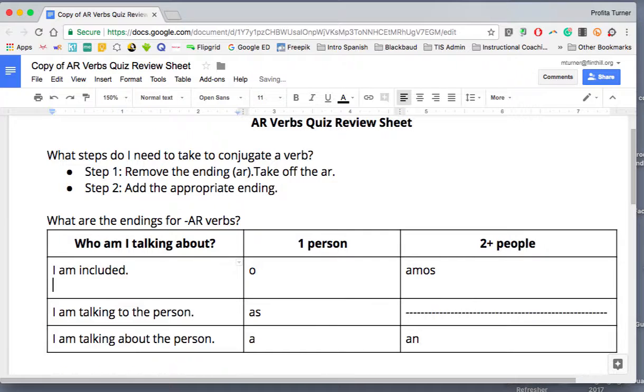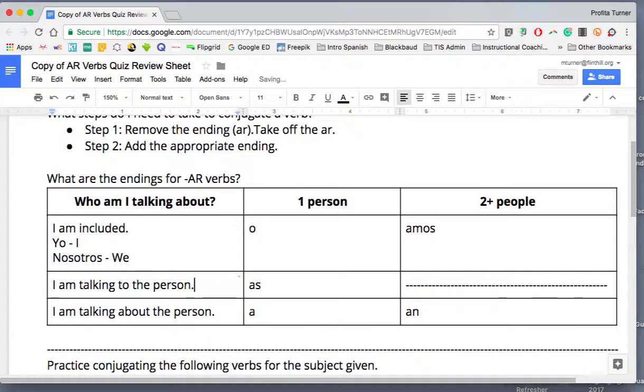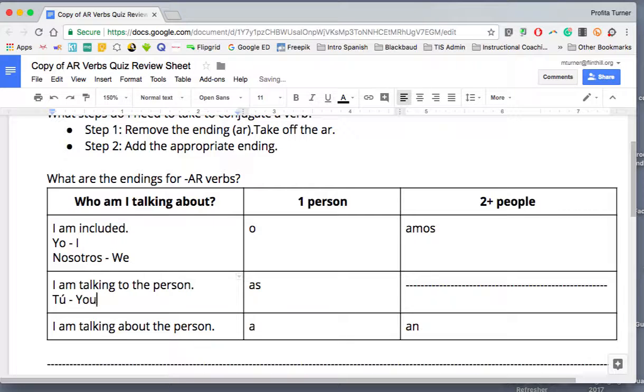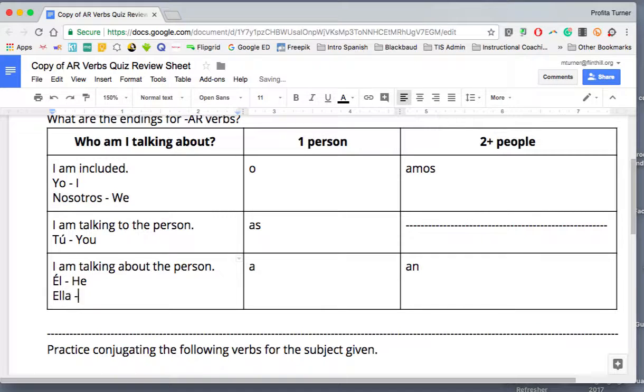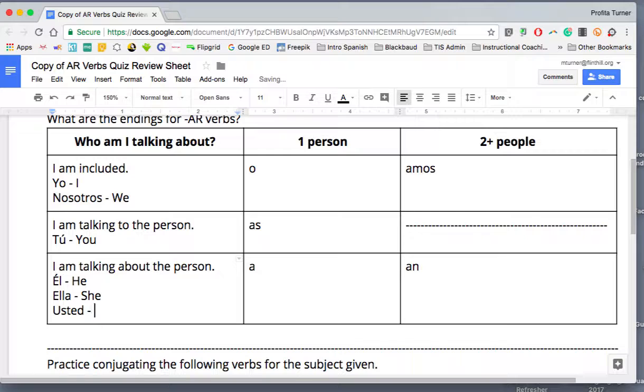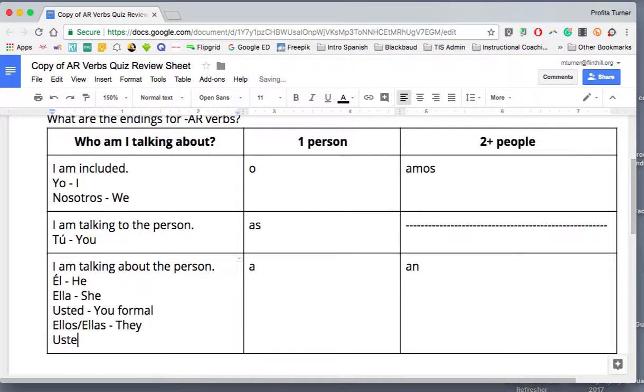So I'm just going to put down here, yo is I, nosotros, so we. You don't have to write this part in, but I'm just going a little bit further. He, ella, she, usted, you formal, ellos, or ellas, they, ustedes, you all formal.